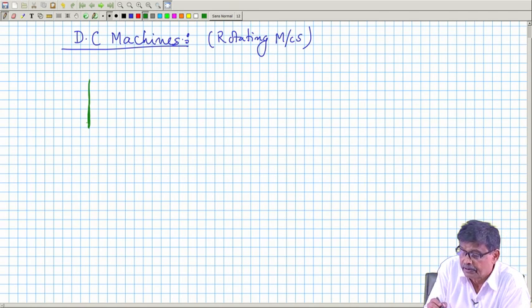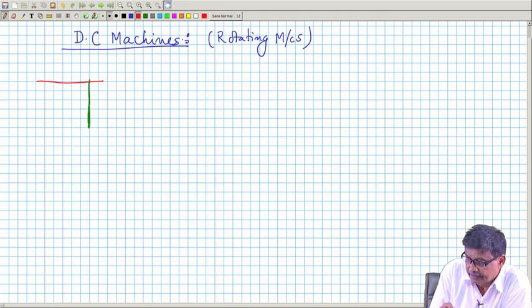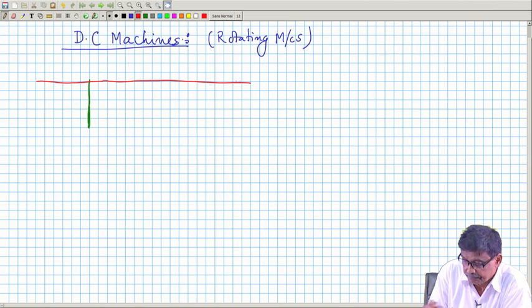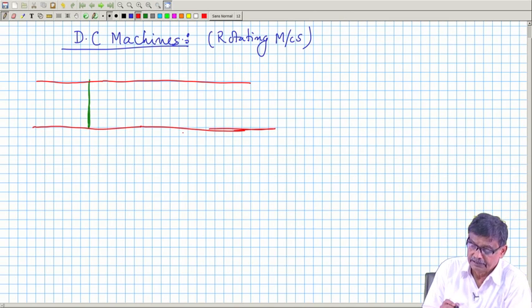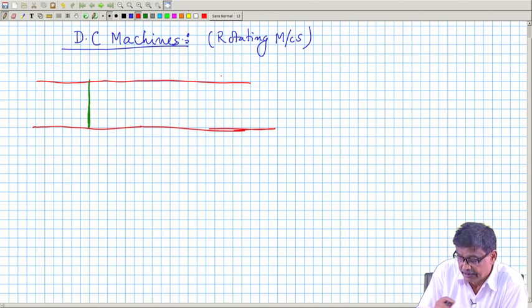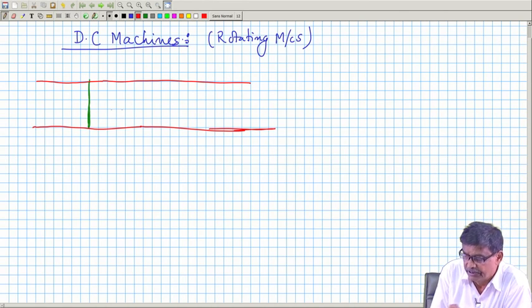And suppose these two red lines are rails. This is a conductor and these two are rails, it has wheels, so that this conductor can move this way, that way on these rails.